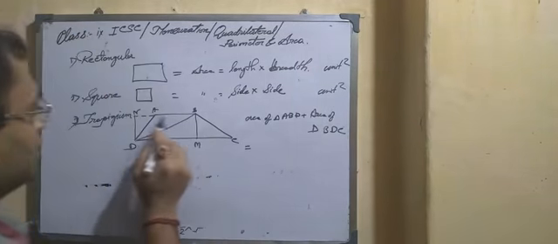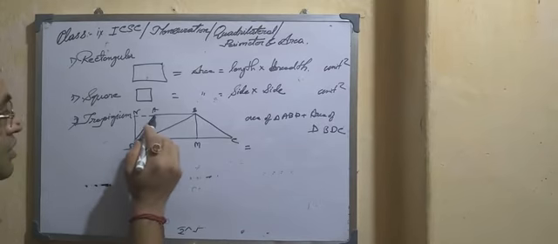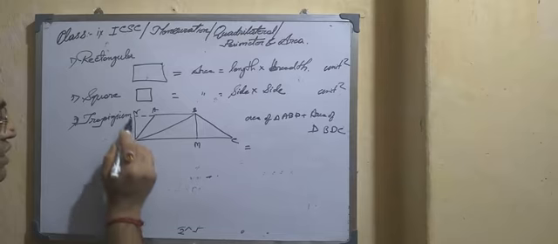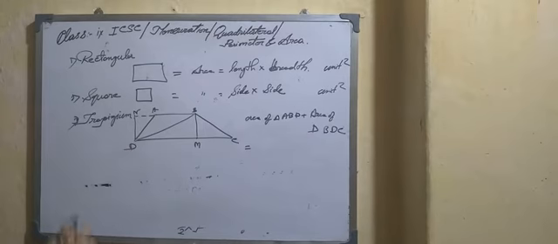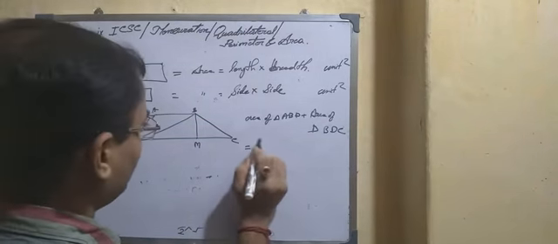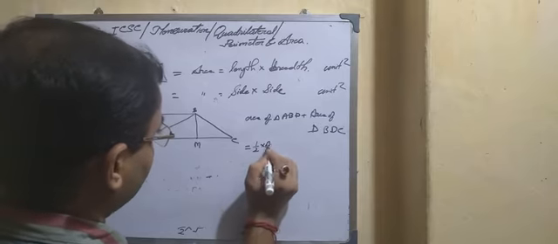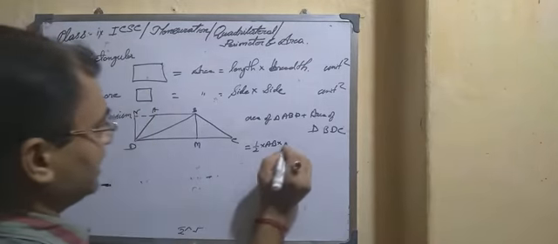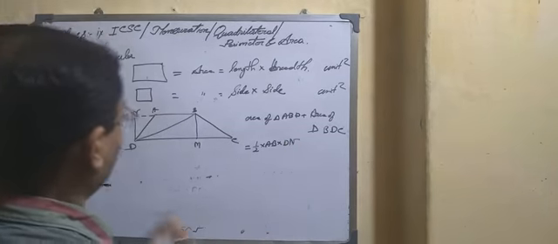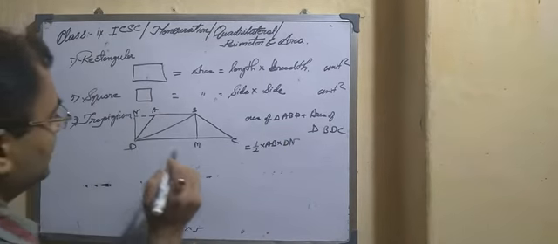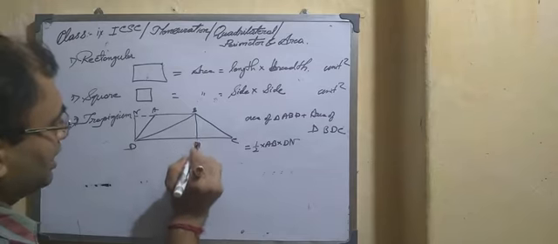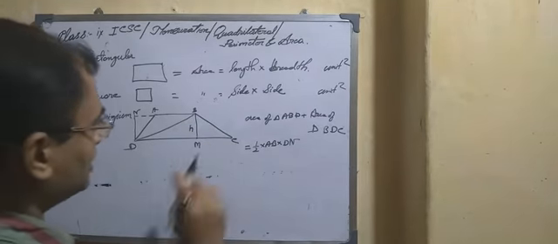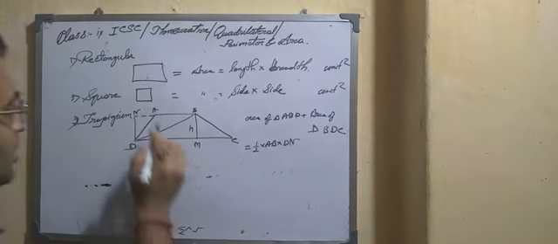Half base into height: base is AB, height is DN, because it is a perpendicular on the extended line BA. Now half into base AB into DN. We may say DN equals H, because it is the height between the parallel lines.